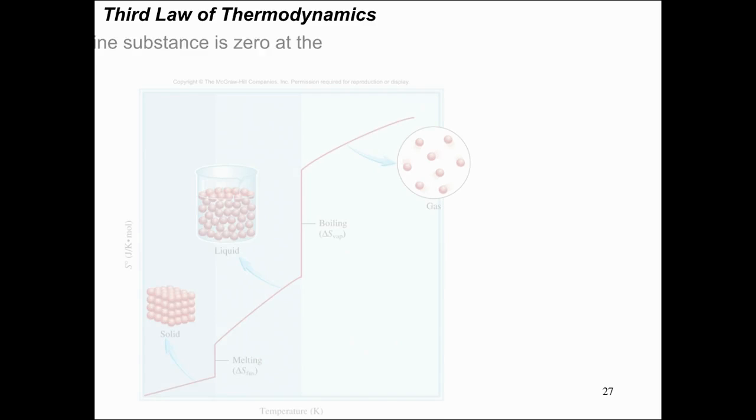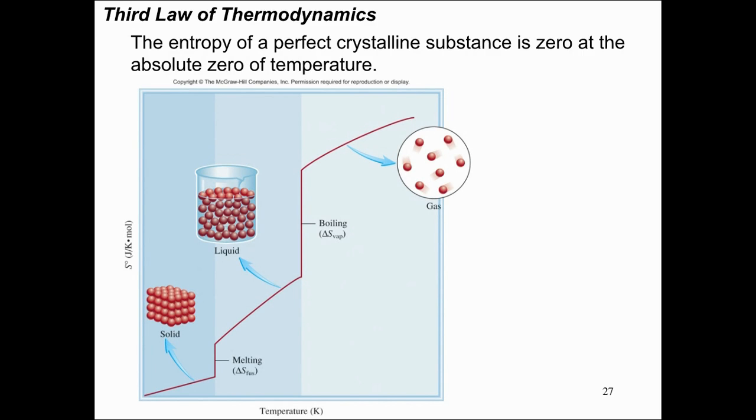So we've related entropy to microstates, and the greater number of microstates we have, the greater the entropy. The third law of thermodynamics helps define an absolute value at which entropy starts. Now, it says that the entropy of a perfect crystalline substance is zero at the absolute zero of temperature.